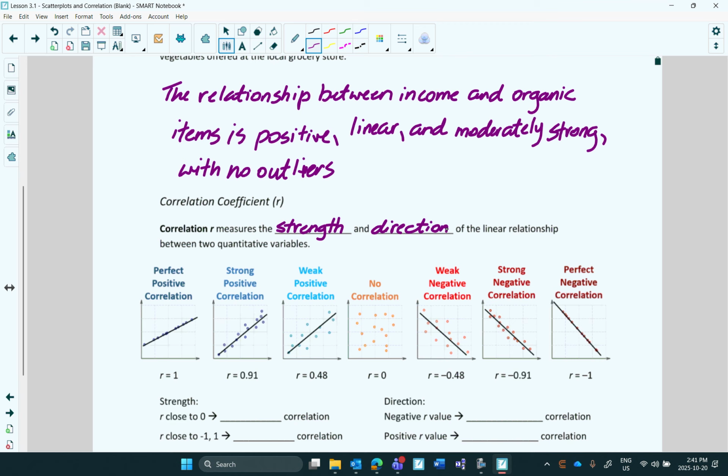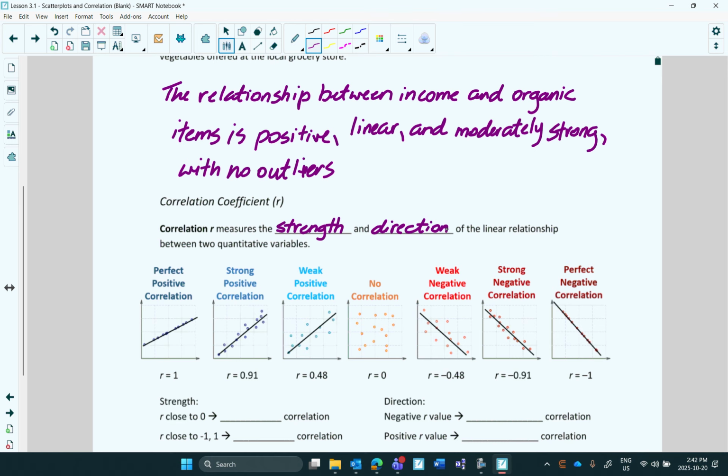If there's no correlation, then it's 0. Perfect ones are pretty rare. Well, not the no correlation, that's not necessarily rare. We're going to focus on the gray areas, where it's like this one, pretty strong, 0.91, but the weaker one, under 0.5. And then you see similar going the other way with the negative correlations.